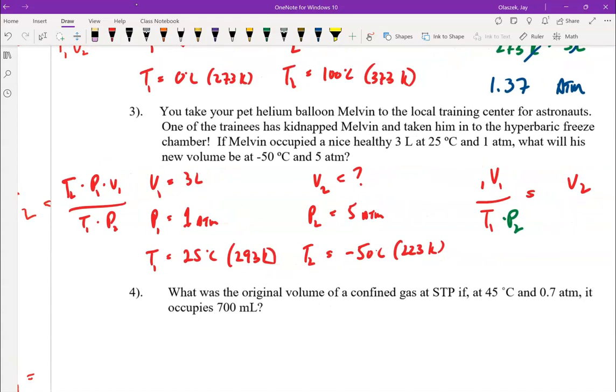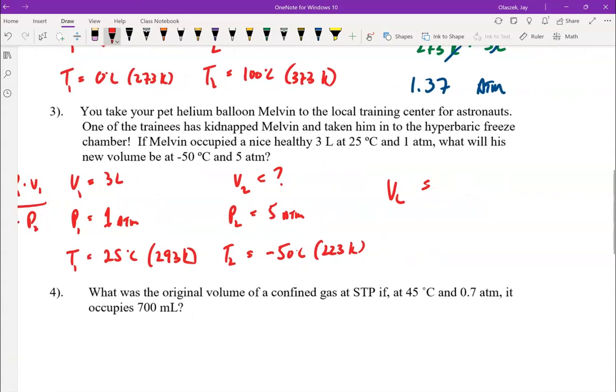So now that I have that, I'll set this up to solve for V2.